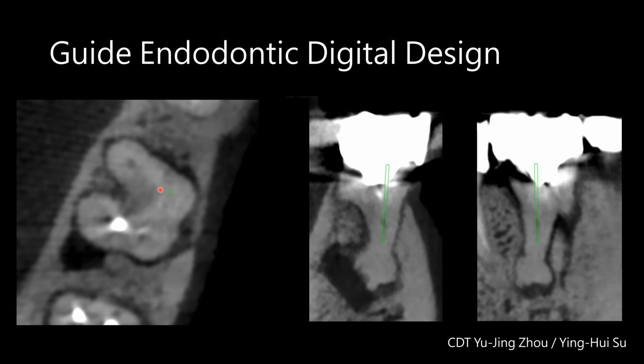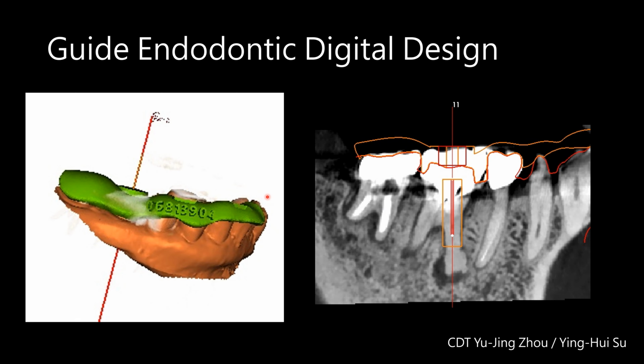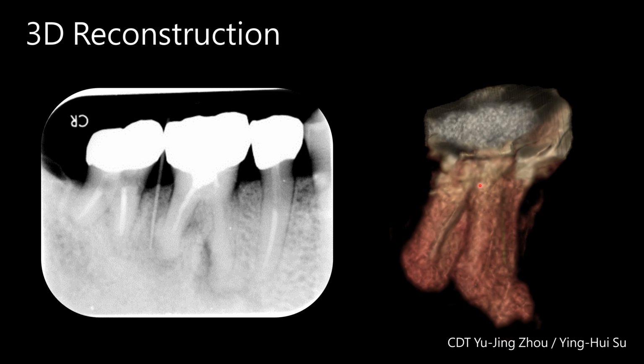Here is the drill path in different slices, like the sagittal view and the coronal view. Here is the horizontal view. Here is our drill path. So I designed a 3D printed guide, which is here.